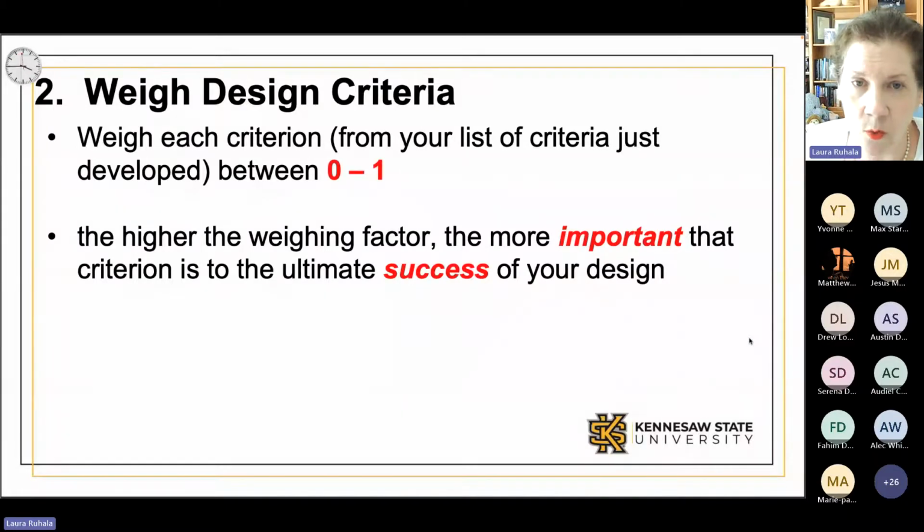Obviously, a 0.95 is the same as a 9.5 if you were weighing them between 0 and 10. Obviously it's equivalent, but your equation will be a little bit easier if you have the weights different than the alternative scores. Alternative scores, I'm going to have you go between 0 and 10. And this is mandatory: I want you to use these numbering schemes.